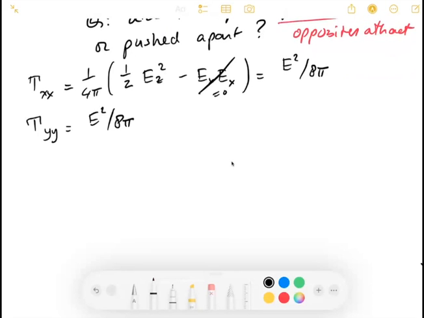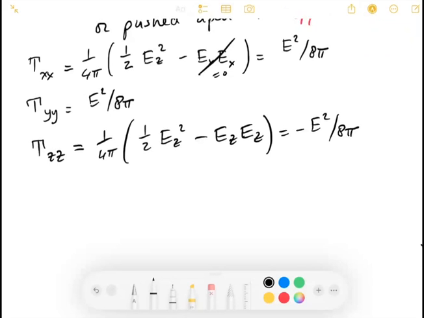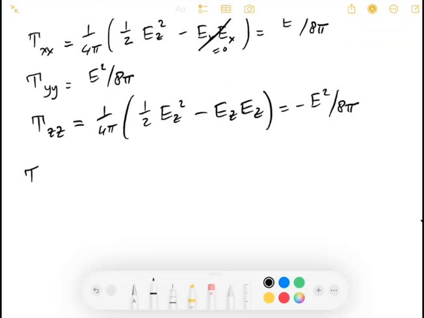And now T_zz. We get 1 over 4 pi, and we have 1/2 E_z squared minus, and now those two E_z squareds are not 0, so that's E_z squared. So we get minus E squared over 8 pi. Okay, so let's write it in matrix form. It's E squared over 8 pi times 1, 1, minus 1.